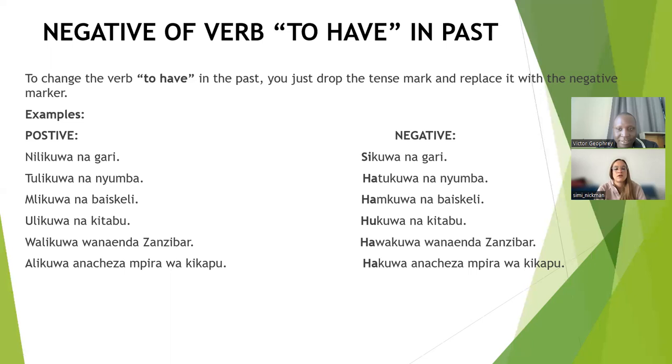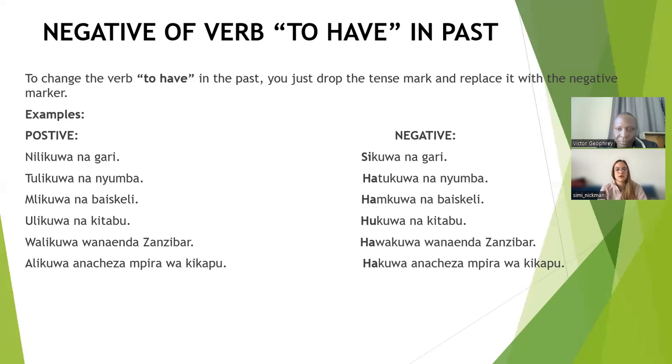So what is the meaning of the sentence? Now it's not to have. I decided to use kuwa not as to have but as a substantive verb. The meaning is that they were going to Zanzibar. They were not going to Zanzibar.